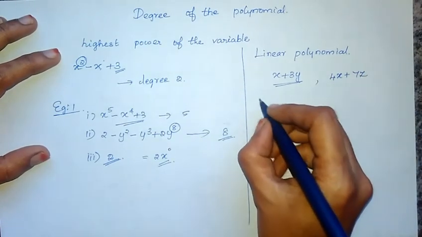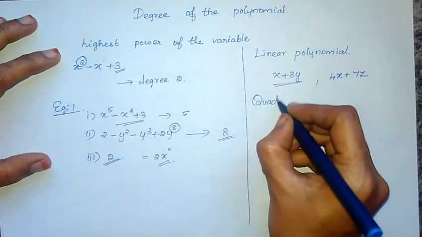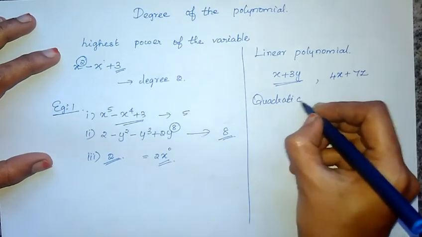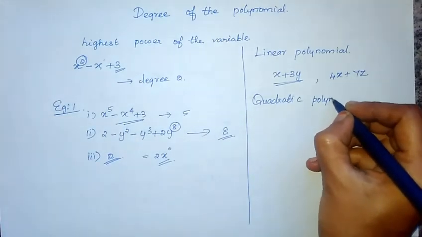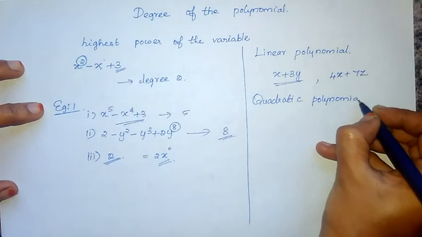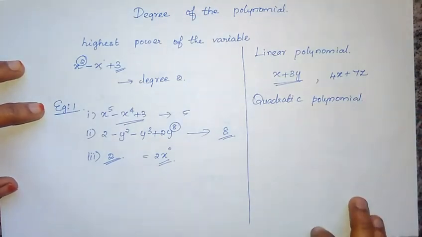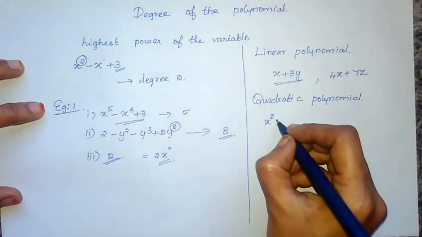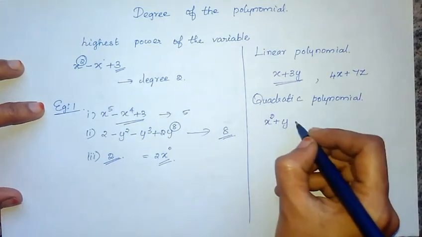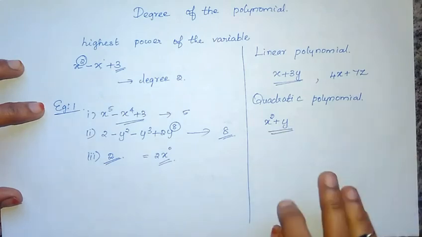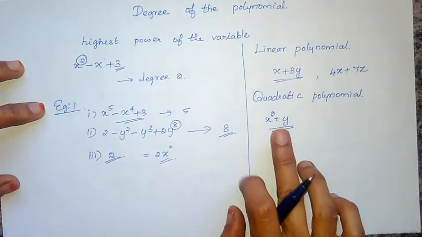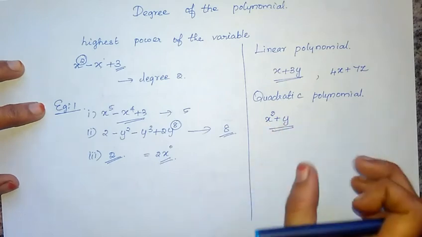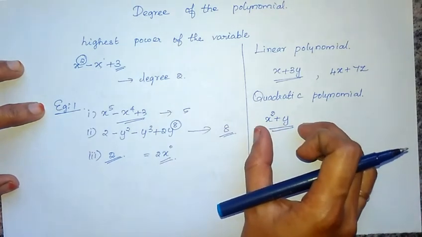Second one, quadratic polynomial. A polynomial of degree 2 is called a quadratic polynomial. For example, x square plus y. Here the degree of this polynomial is 2. So this polynomial is a quadratic polynomial.